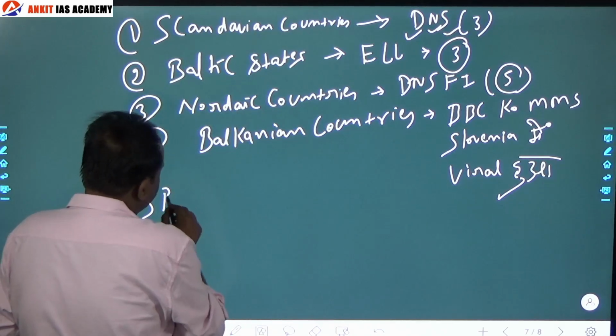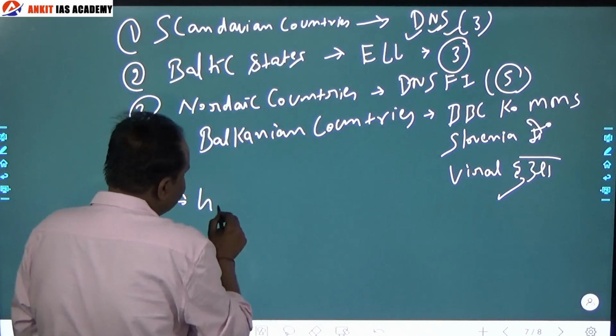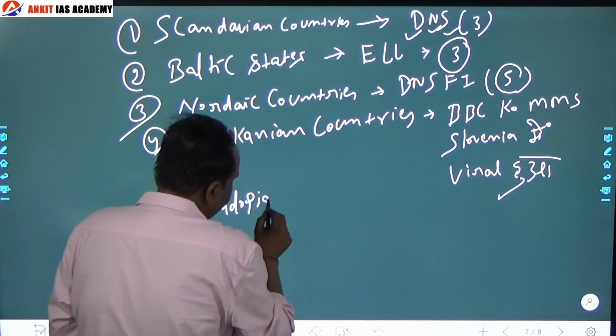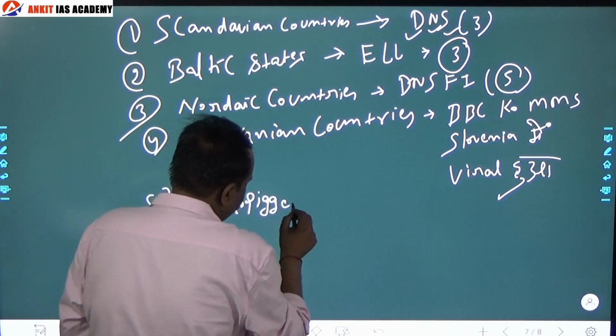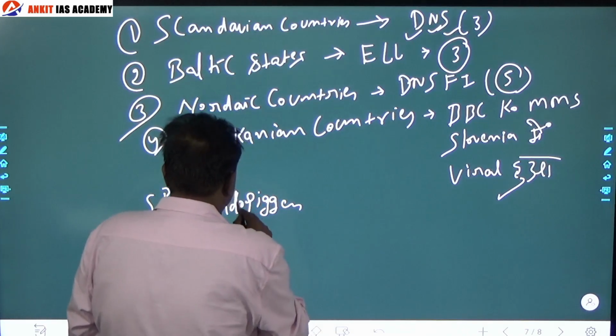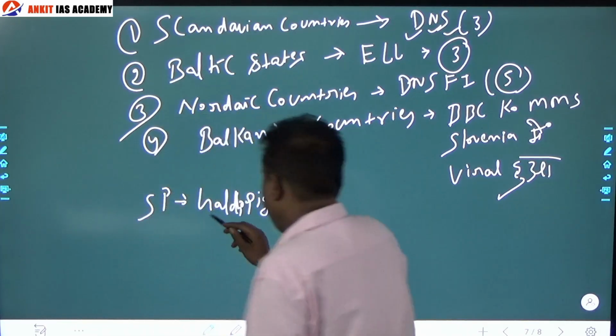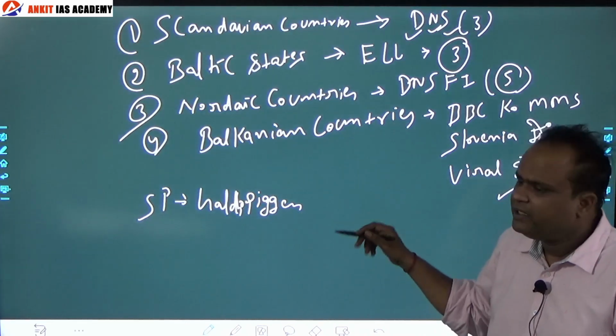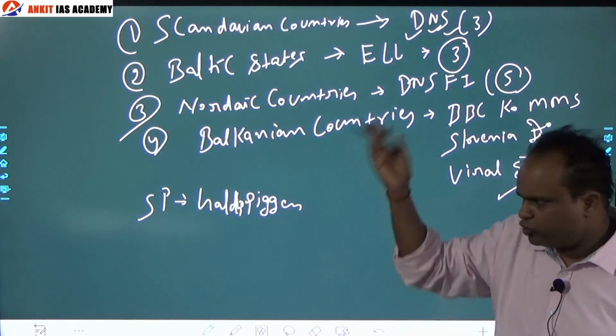The Scandinavian Peninsula has the highest peak known as Galdhøpiggen. It is the highest peak of the Scandinavian Peninsula, easily available on a physical map to the north of Europe.